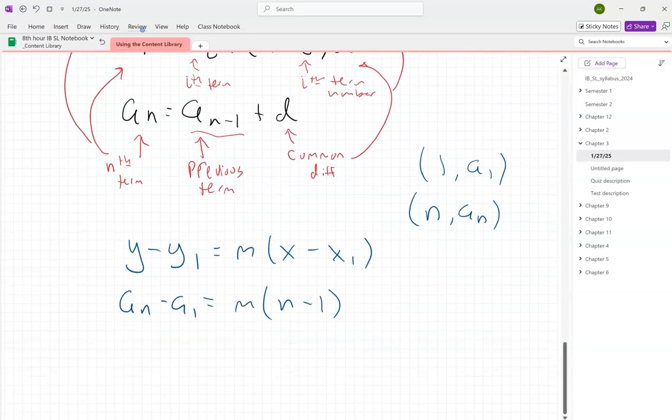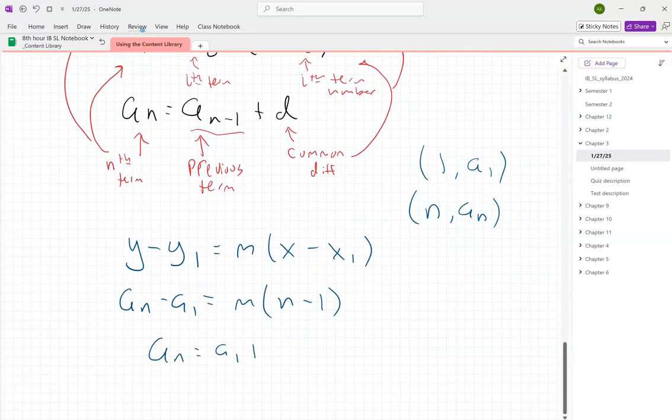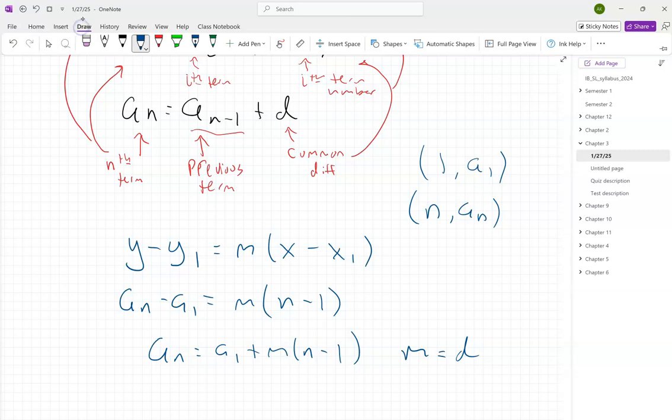And if I add the a sub 1 over, boy, this looks almost identical to what we had before. And just here, instead of writing m, I wrote d. Guess what d is? Still a slope. That common difference is a slope. So this is literally just a linear equation.